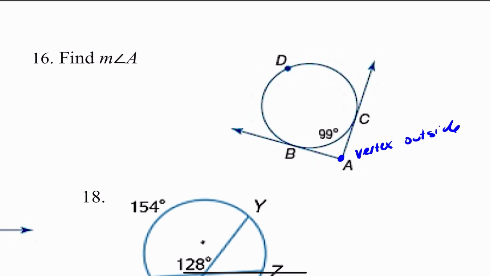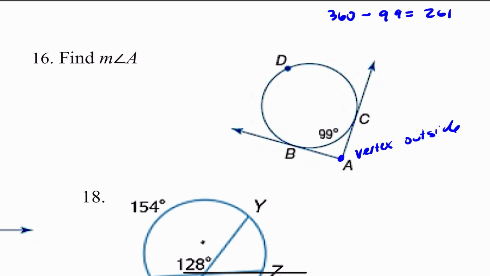Well, know that a circle is 360 degrees. So I can do 360 minus this arc, and that's going to give me 261.